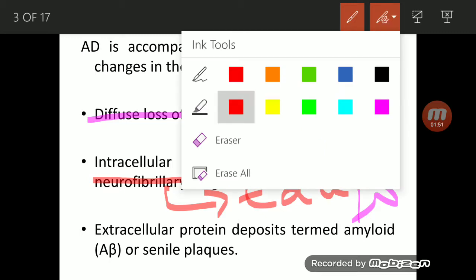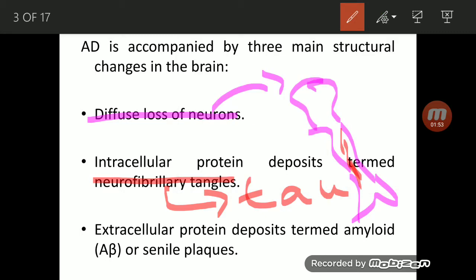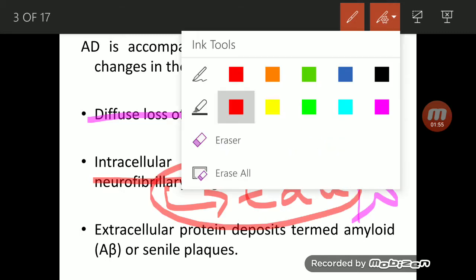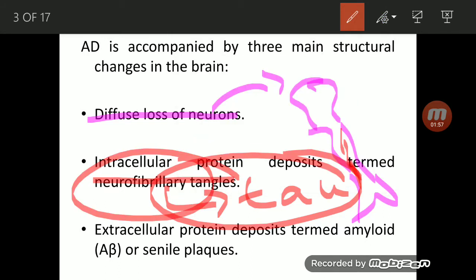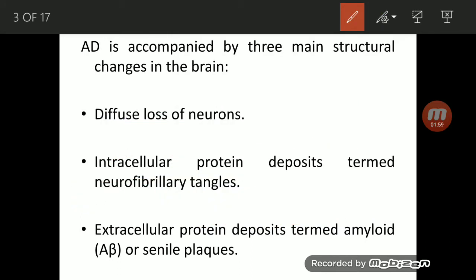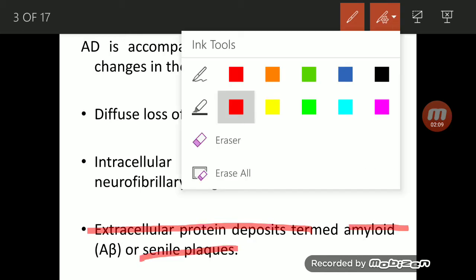So there is intracellular deposition of tau protein, which makes the neurofibrillary tangles. And lastly, there are extracellular deposits of protein known as amyloid beta plaques or senile plaques.